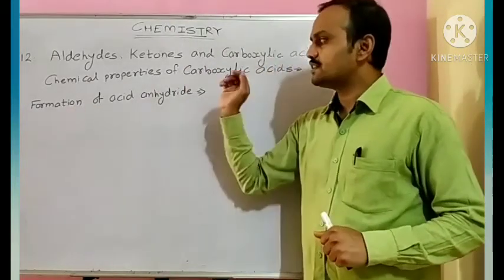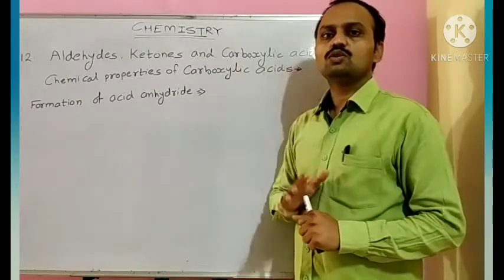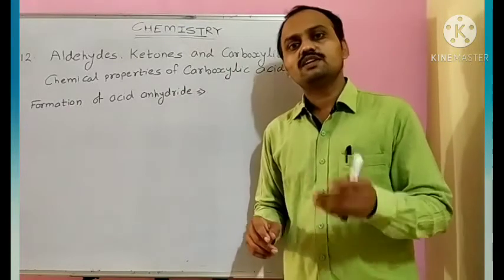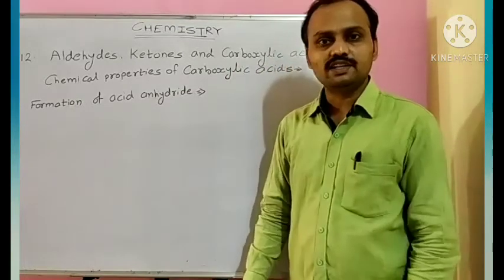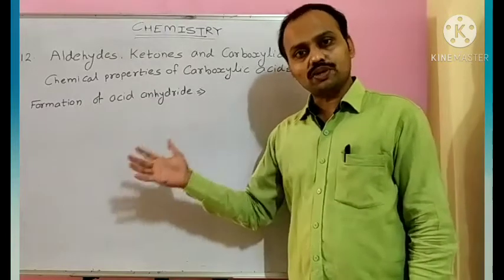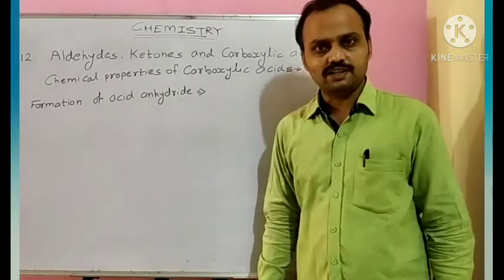Formation of acid anhydride from carboxylic acid: when two molecules of carboxylic acid are strongly heated in presence of dehydrating agent like phosphorus pentoxide, P2O5, we get the acid anhydride.